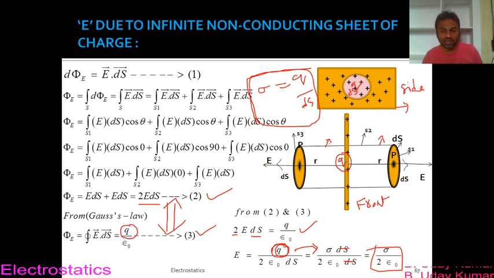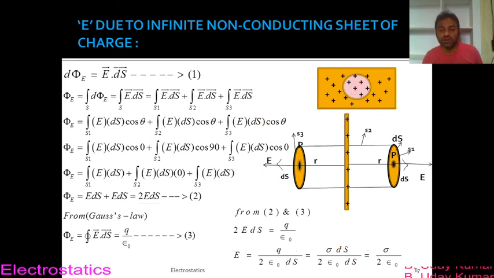I am erasing everything now. So this is the Gaussian cylinder, and the charge present inside this Gaussian cylinder will be the charge present on the area ds, which is also present on the sheet of charge. To make it clear, I have drawn the side view of the sheet of charge.